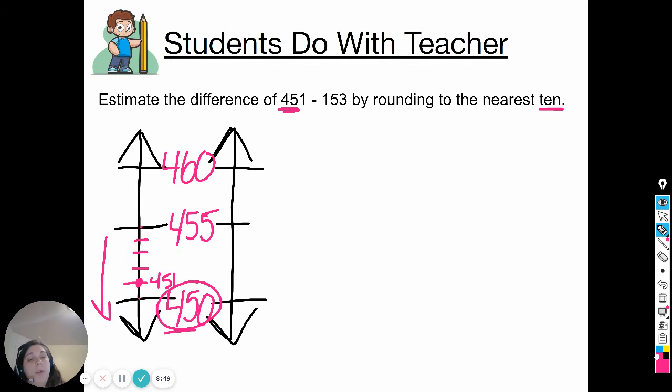Let's do our next number, 153. We have 15 tens, so our bottom number is 15 tens. Our top number is one more 10, which is 16 tens. Our halfway point, keep the 15, end in a 5.